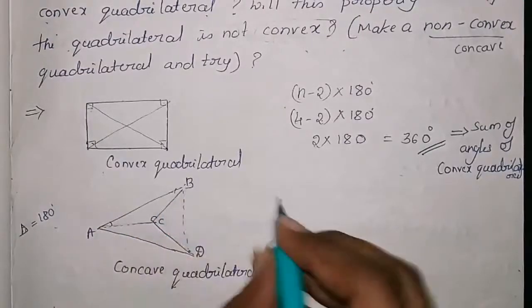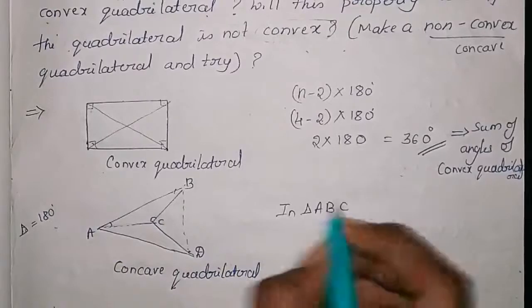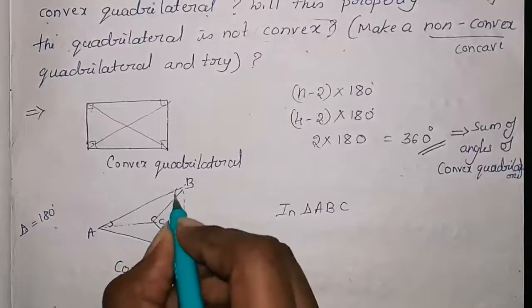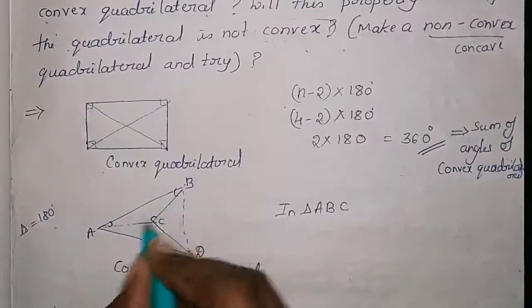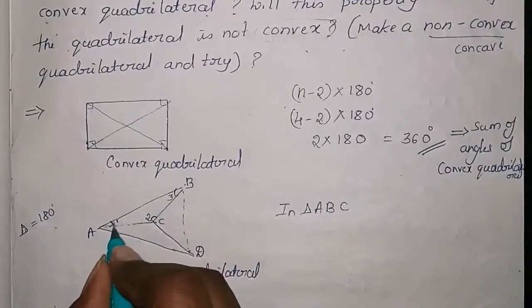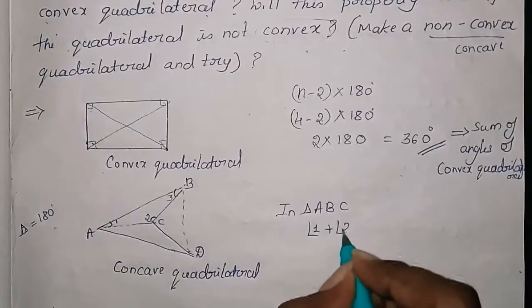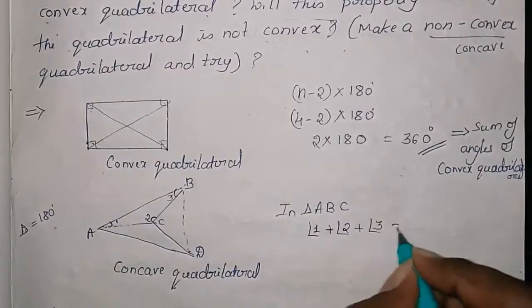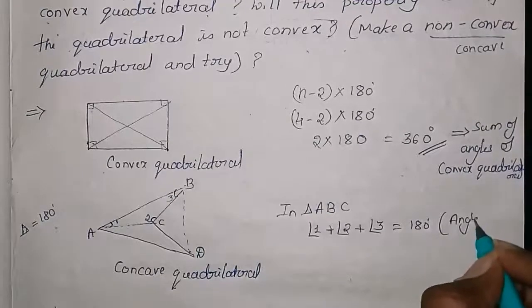So this is ABC. In triangle ABC, this angle, this one and this one, the sum of the three angles is equal to 180. Here we don't know the angles, so just consider them angle 1, angle 2 and angle 3. So angle A is angle 1, plus angle 2, plus angle 3, which is equal to 180 degrees, because of the angle sum property of a triangle.